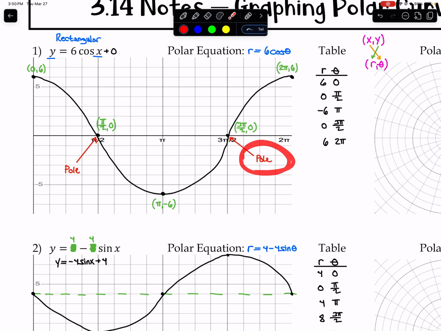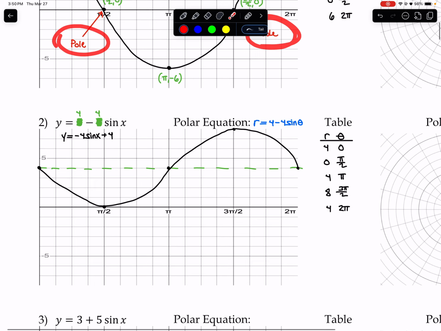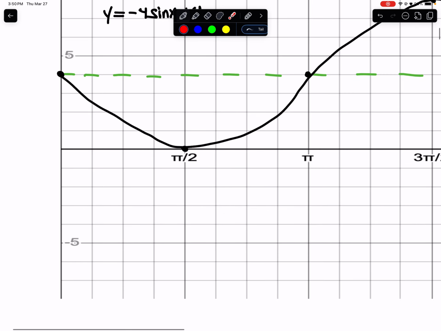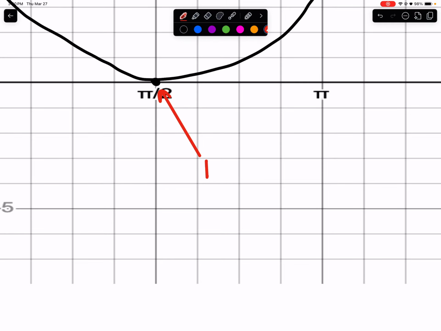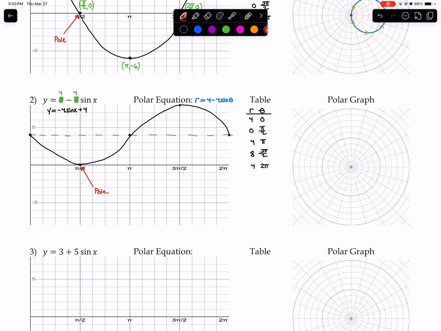So we can include the pole in this graph. On number 2, notice how we are going to have an x-intercept, despite how bad my graph is, which means we are going to include the pole in the polar graph.